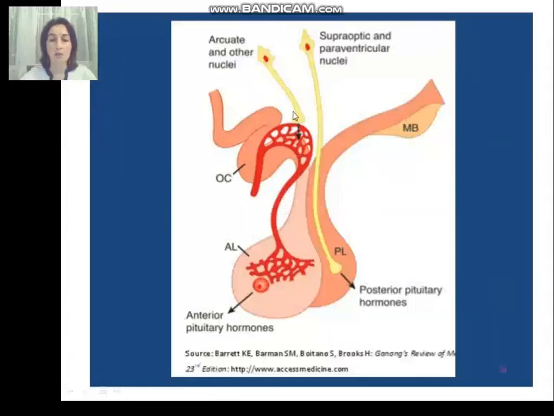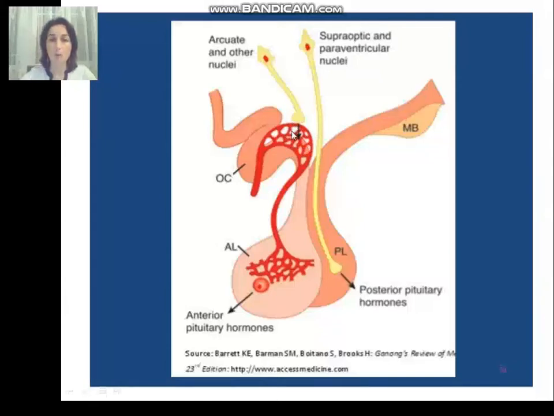The axons of these neurosecretory cells come to the primary network and form dilatations. Axovasal synapses are formed, which are synapses between the axons and blood vessels. In that way, the hormones are released into the blood circulation inside the primary capillary network.